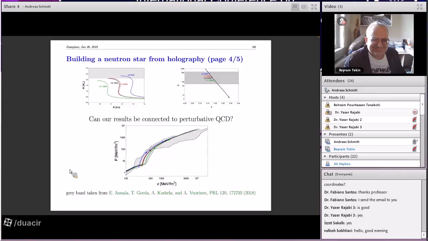And the band in between is obtained by putting together all constraints from astrophysics, from neutron stars, plus some thermodynamic consistency conditions. And we can check how our holographic curves fit into this. You see at very low densities, there's some deviation. Interestingly, our heaviest stars are still within the band, which is a nice consistency check.